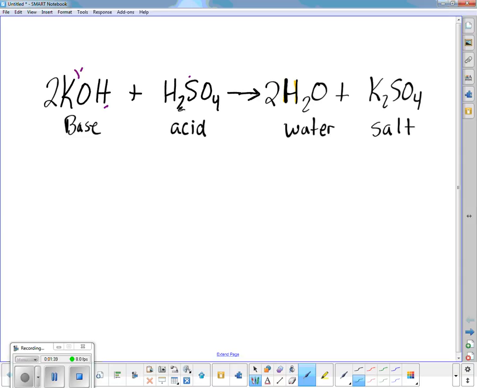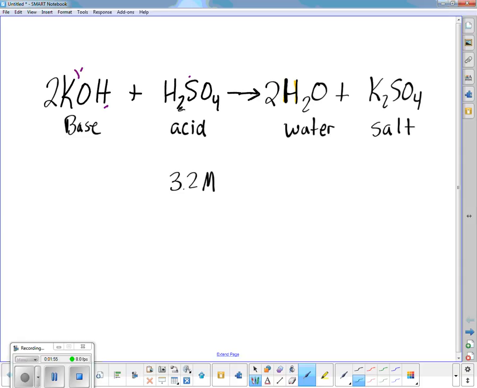Okay? Now, say I had a molarity of 3.2 molar of this, and I wanted to find out the pH for all of this, and the pOH, and the concentration of the hydroxide.